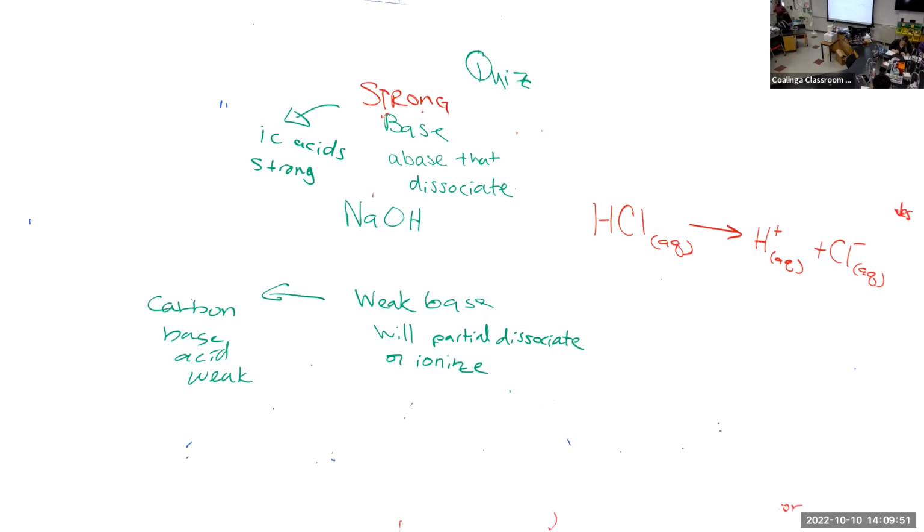So if we take a look at that solubility table, we can use it to help us determine whether we get partial dissociation or complete dissociation. For instance, aluminum hydroxide, is that going to be a strong base or a weak base?